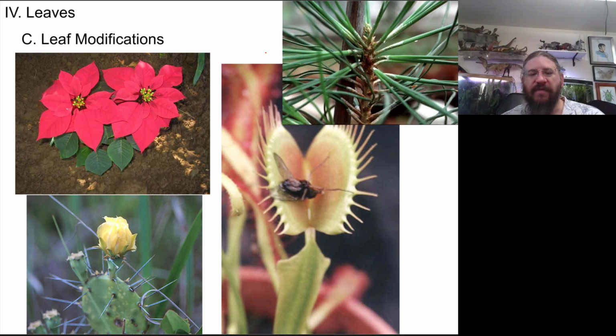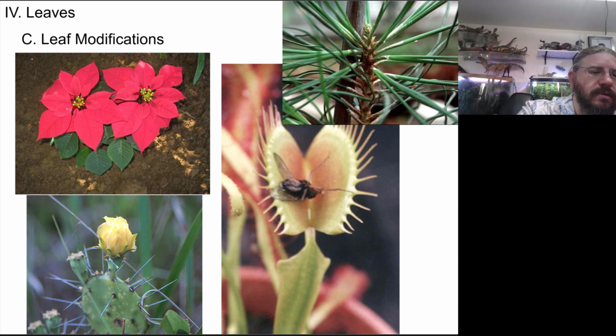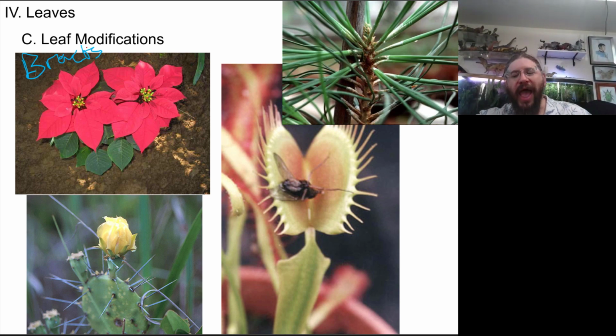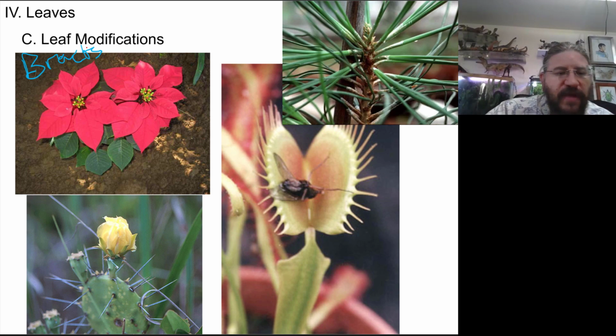Okay, so first off, bracts. A bract is a floral leaf. This may sound silly to say, as a flower petal is technically a leaf.